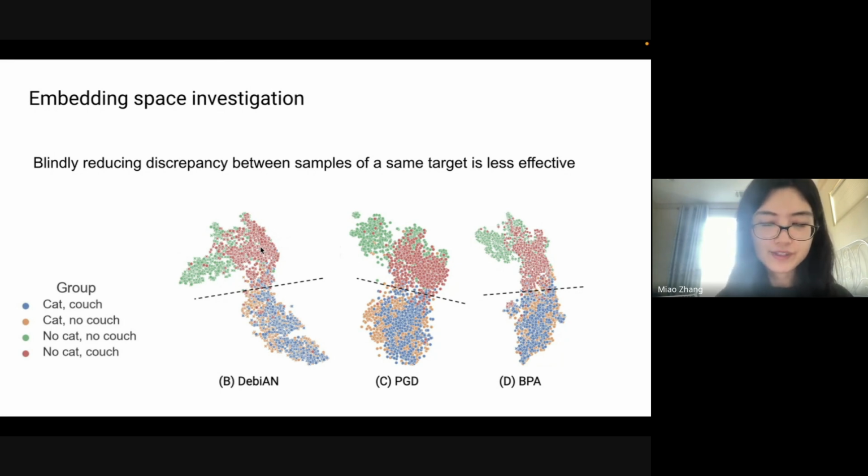Compared to the baseline, they reduce the distance between the green and red samples, which are the same class of samples. However, they cannot resolve the issues around the decision boundary, or they do not avoid the influence from the sensitive feature couch.